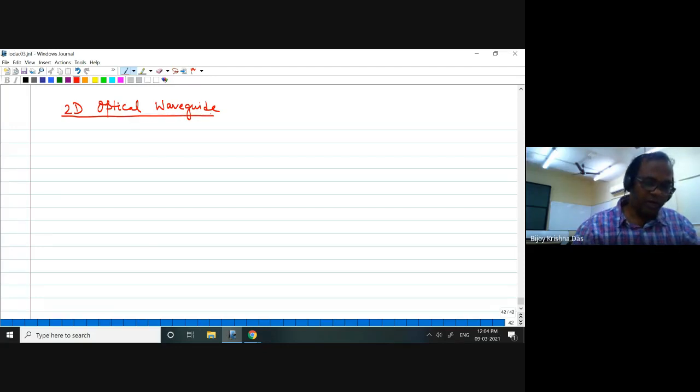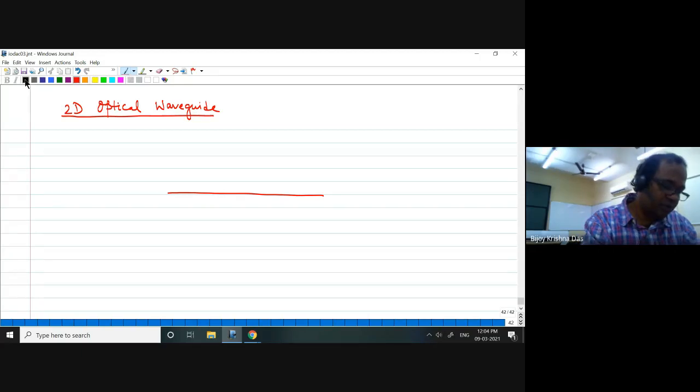I will take a very simple example of a 2D waveguide that is frequently used for silicon photonics. In silicon photonics, you know that we have a handle substrate, and that is the interface.